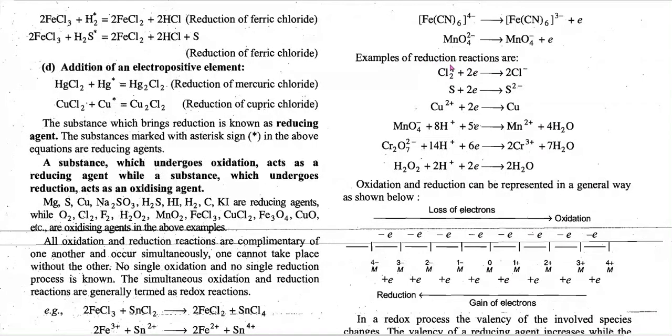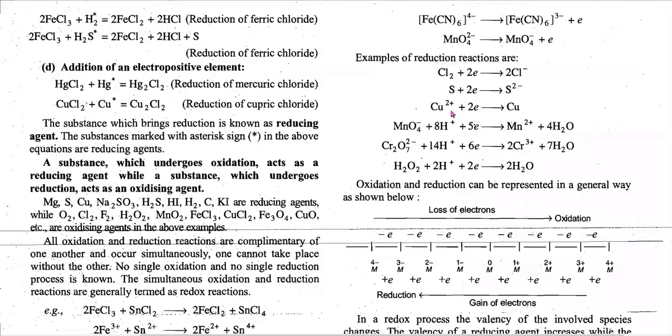A reduction is gaining of electron. Here chlorine gains 2 electrons and gets converted into 2Cl- ion. So gain of electron is reduction. Reduction of chlorine is taking place in this reaction. Similarly, sulfur got 2 electrons and converted into sulfide ion.